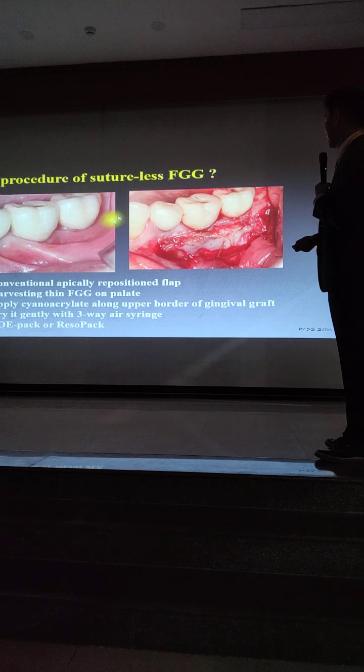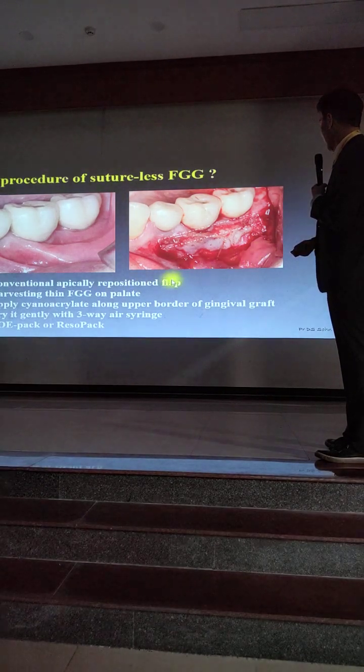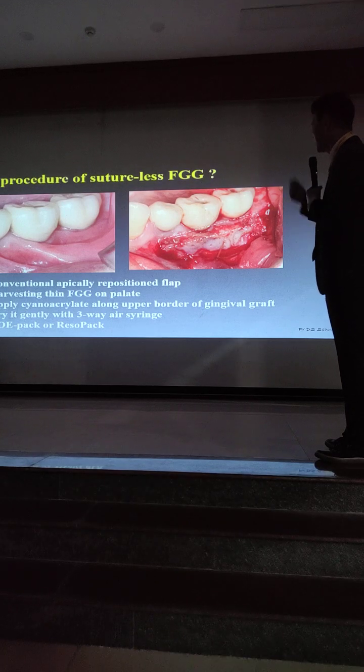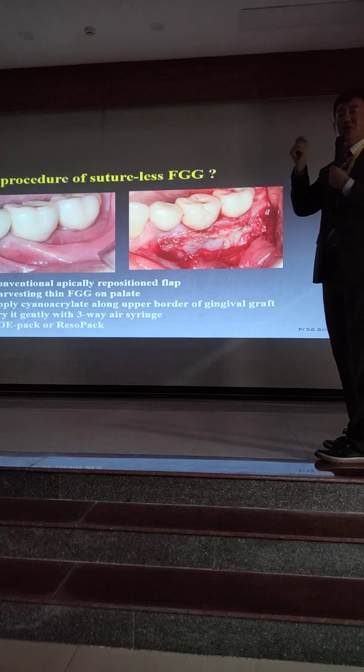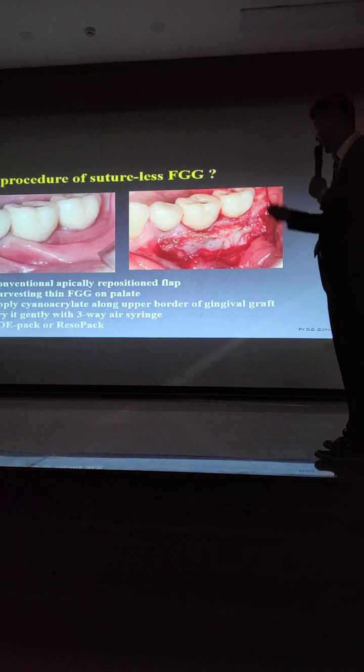Conventional apically repositioned flap was done, and a water shoot was used to stabilize the apically repositioned flap, and the gingival graft was harvested from the palate. You don't need to take deep palate. A thin FGG is enough in order to reduce post-operative pain on the palate.